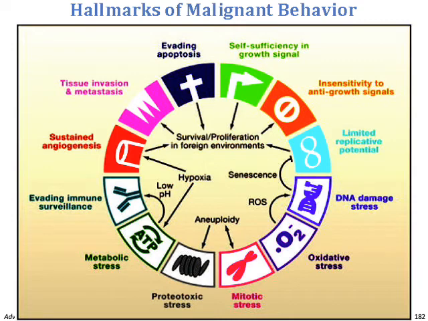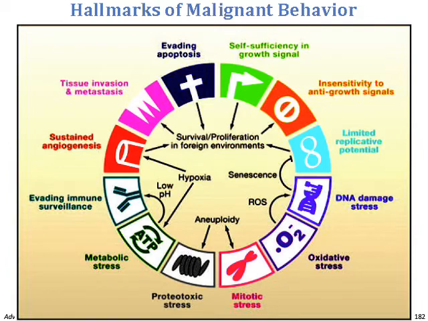The hallmark of malignant behavior consists of many characteristic features, like the ability to evade apoptosis, self-sufficiency in growth signals, insensitivity to anti-growth signals, limited replicative potential, DNA damage stress leading to cancer, oxidative stress as well, mitotic stress, proteotoxic stress, and metabolic stress.